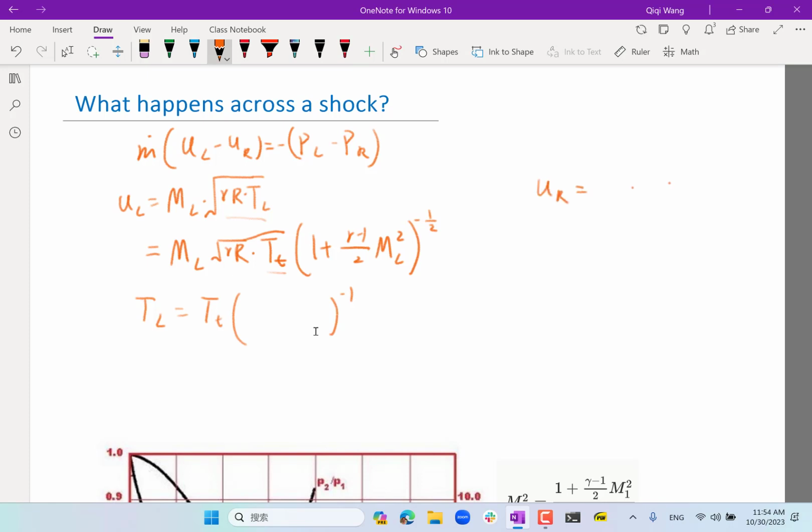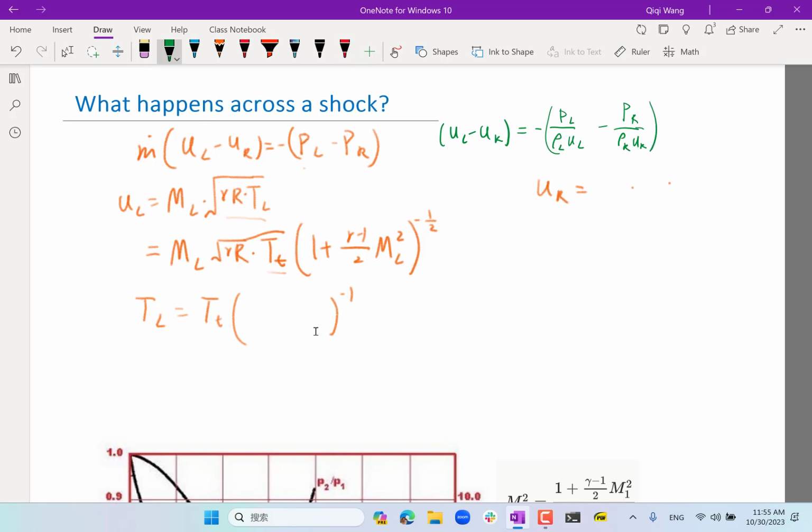And PL and PR can also be written in terms of Mach number. So in here, the easiest thing to do is we write this as equal to minus 1 over m dot, and we write the m dot explicitly in terms of rho L, UL, and PL minus PR, rho R, UR.